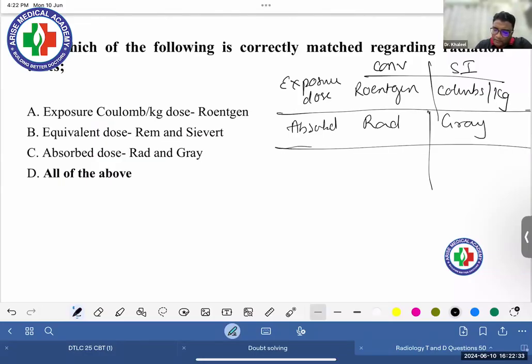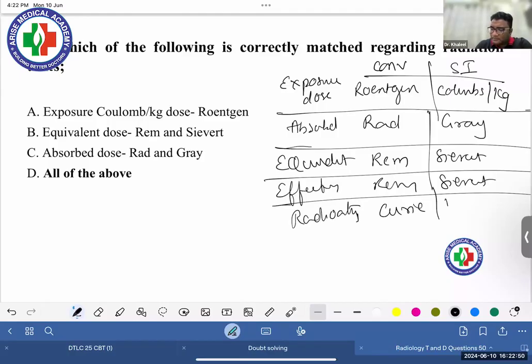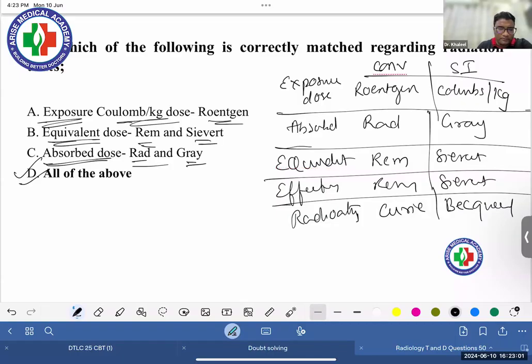If you look at equivalent dose or effective dose, both of them are REM and Sievert. And radioactivity, it is Curie and Becquerel. Right, so here all the above is correct. So absorbed dose is rad and gray, equivalent dose is REM and Sievert, exposure dose is coulombs per kg and Roentgen. So all of them are correct.